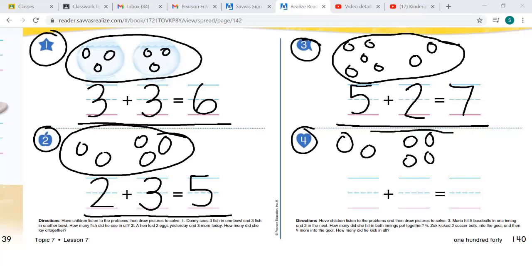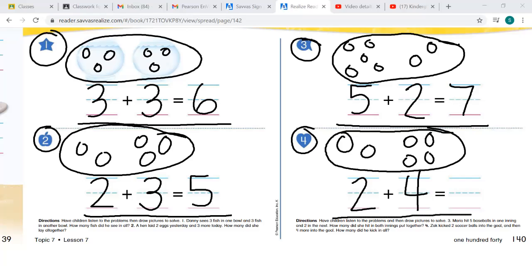We're going to join them, and then we're going to write how many is in each group. 2 and 4. 2 plus 4 equals how many? 6. And remember, count to check.